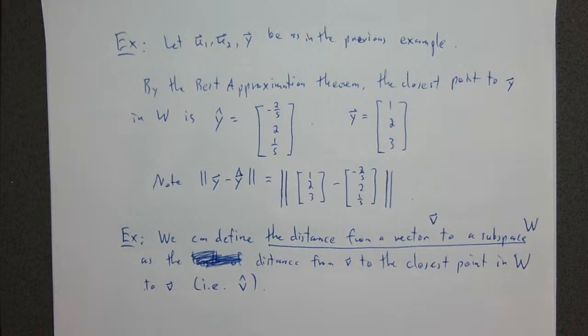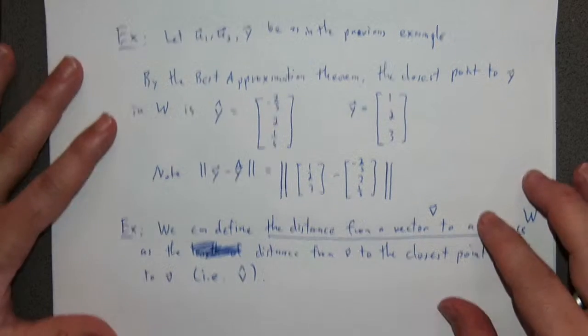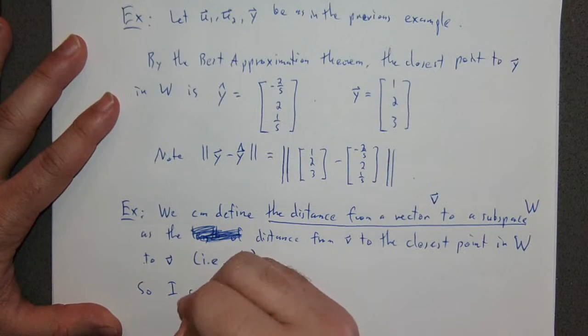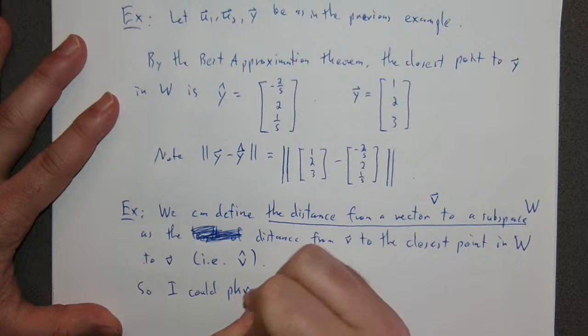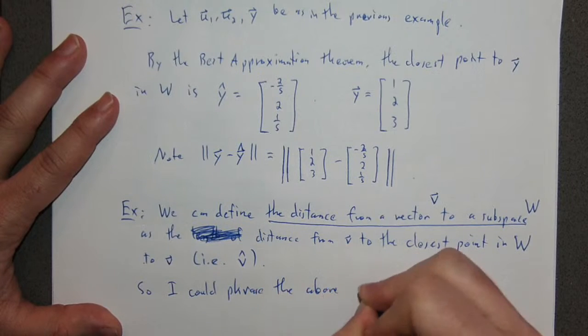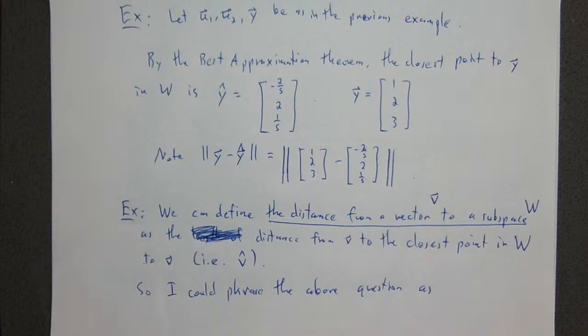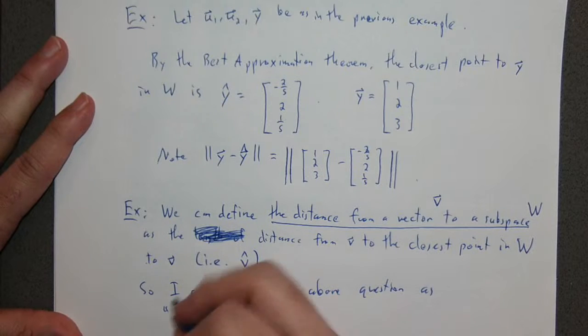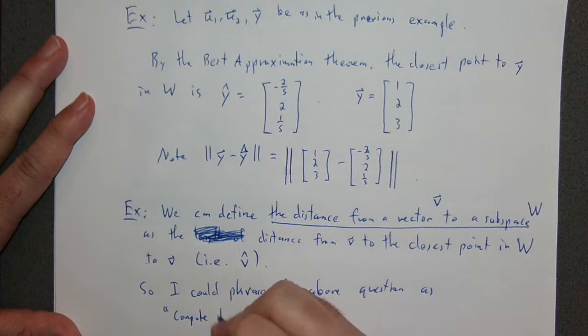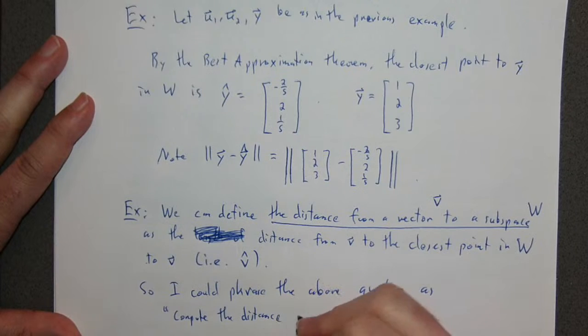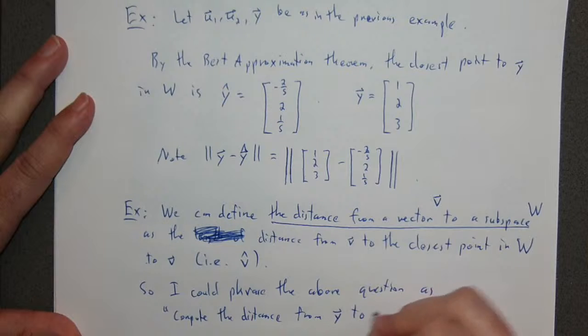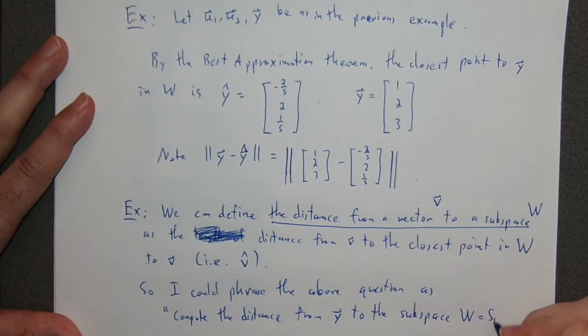I could phrase the above question as: compute the distance from y to the subspace W, which is the span of those vectors u1 and u2.